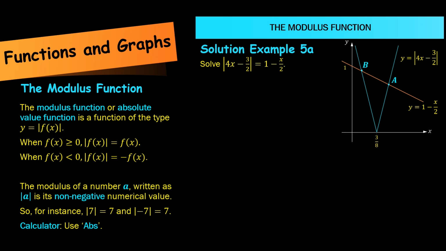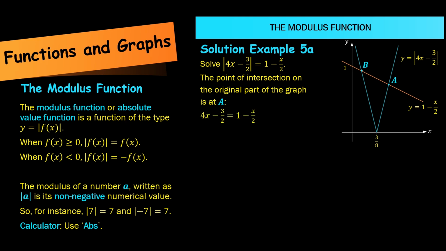Let's examine part A first. The point of intersection on the original part of the graph is at A. Here we have 4x minus 3/2 equals 1 minus x over 2. And solving for x gives us that x equals 5/9.